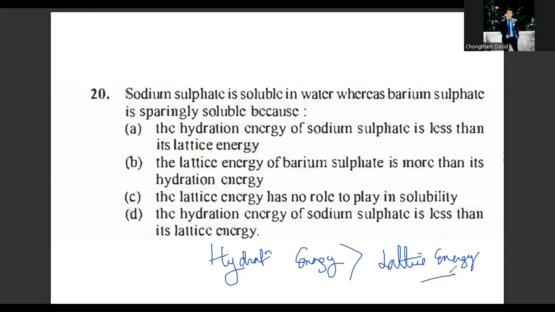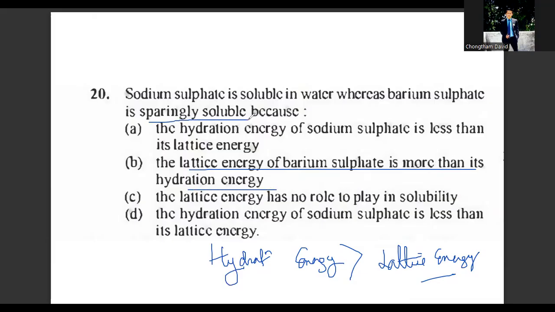Otherwise, your dissolution process will not be effective. Barium sulfate is sparingly soluble in water because its hydration energy is lesser than the lattice energy, and thus the ions are not separated from each other.